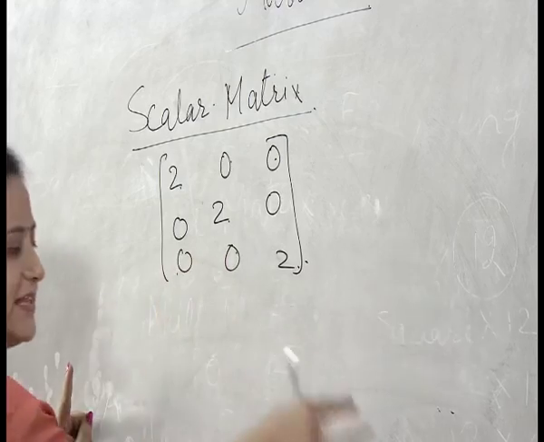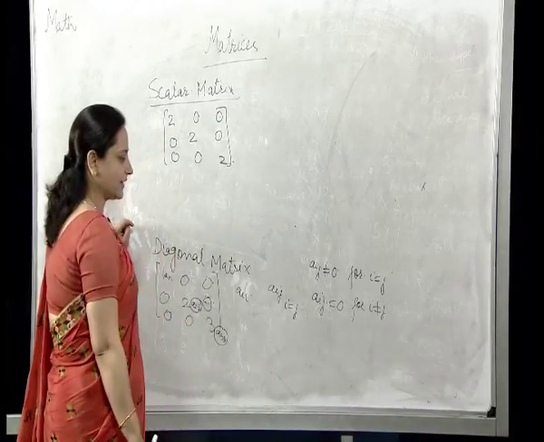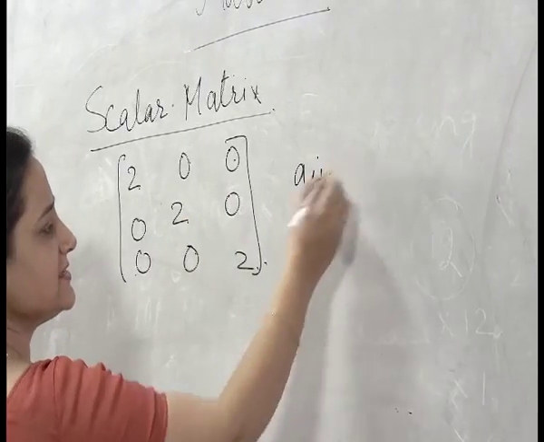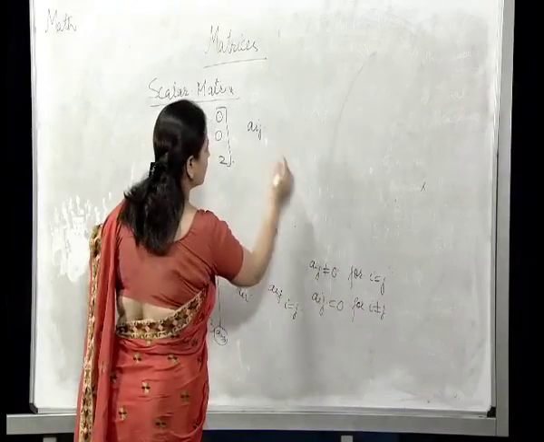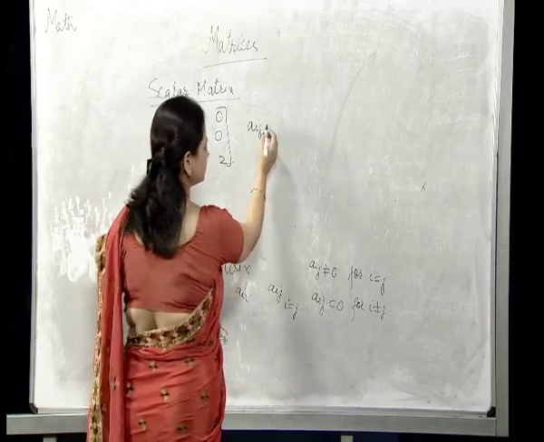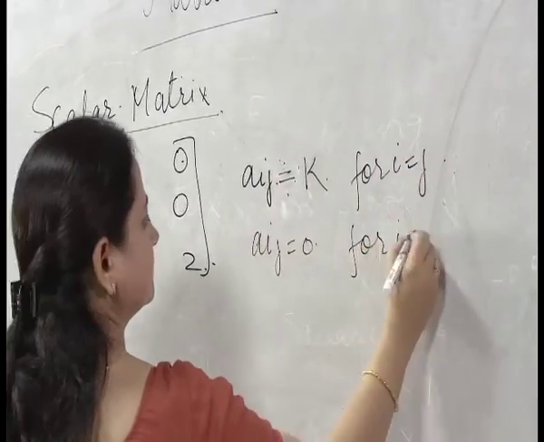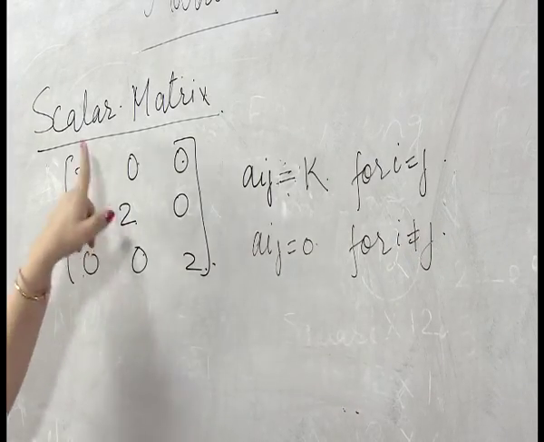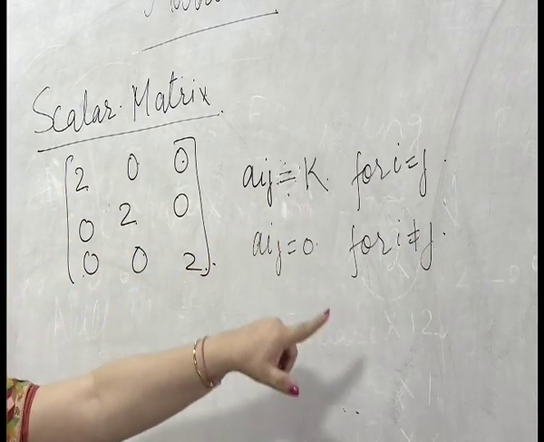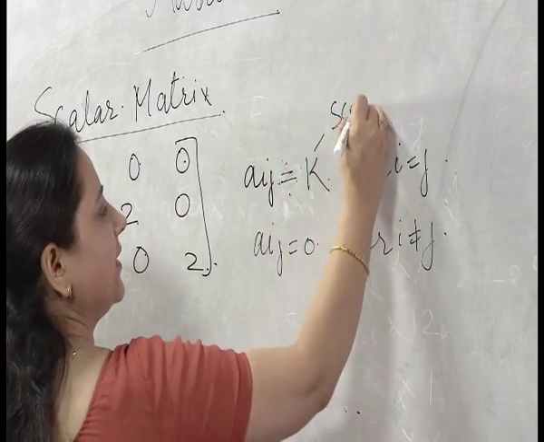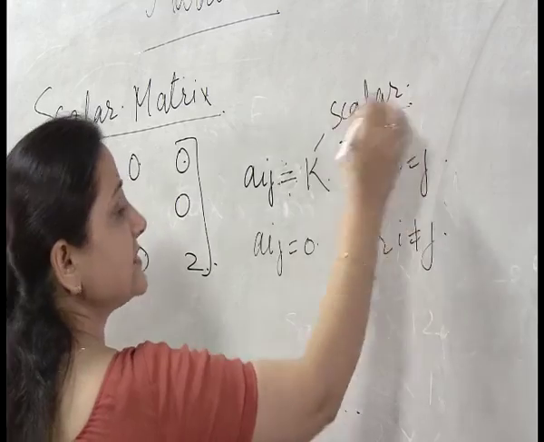We define it the same way we defined the diagonal matrix: Aij is equal to k for i equal to j, and 0 otherwise. That means k is any scalar.